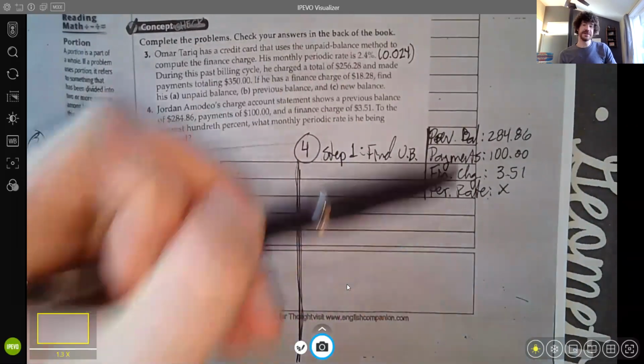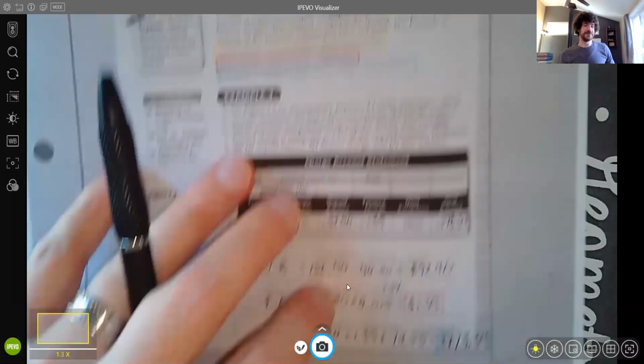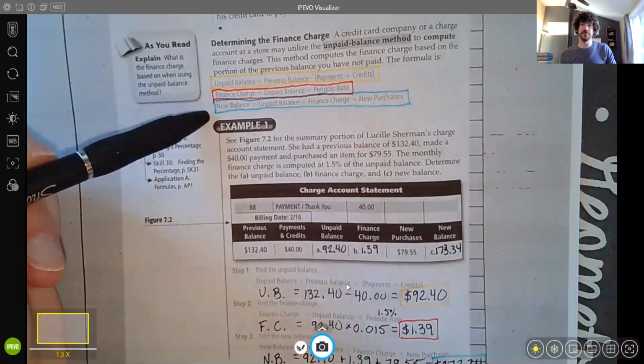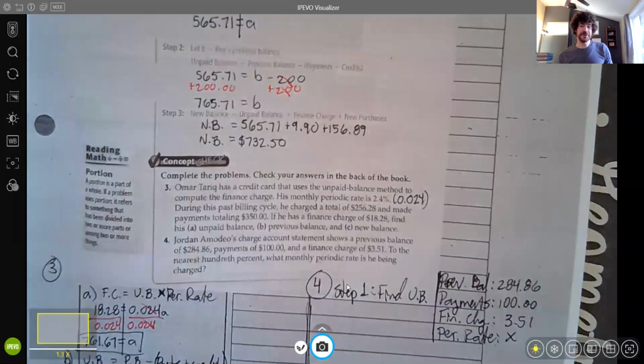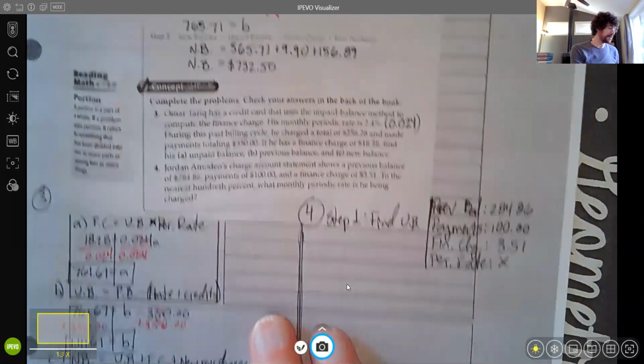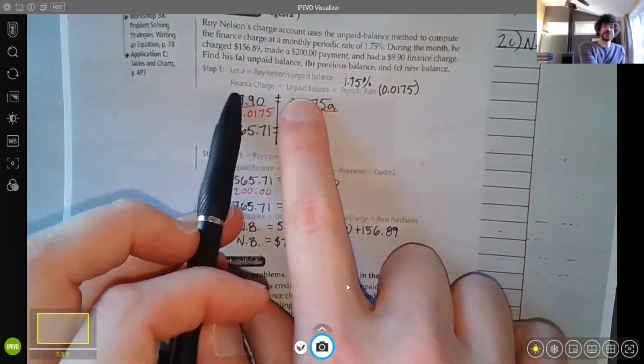Okay, so we've got these three things here. We need to use our three formulas to figure out which formula or which formulas we actually have to use to solve for what we're trying to do. We're trying to figure out the periodic rate, and the periodic rate is in the formula that calculates the finance charge.